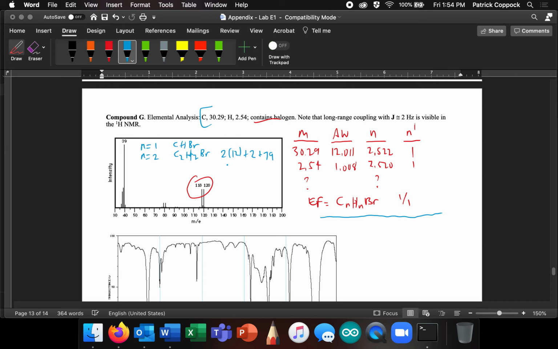We'll do the lighter isotope. 24, 26. 26 plus 79 is not 118, right? So let's try 3. 3 times 12 plus 3 plus 79 is equal to 36 plus 3 plus 79 is 39 plus 79, which is 118.